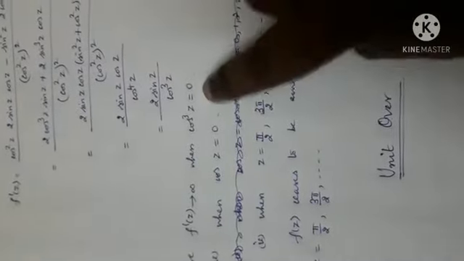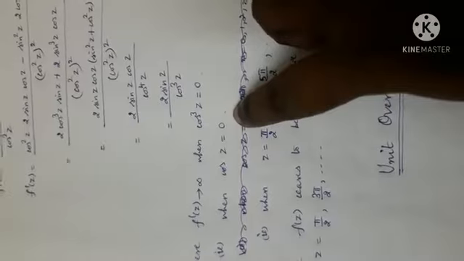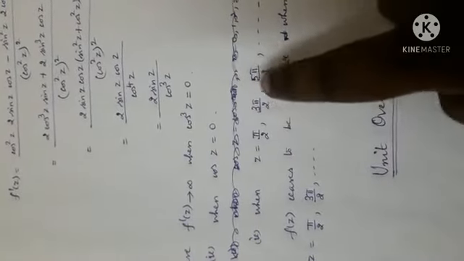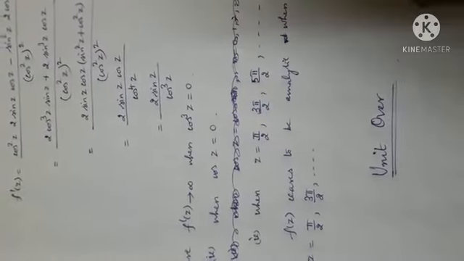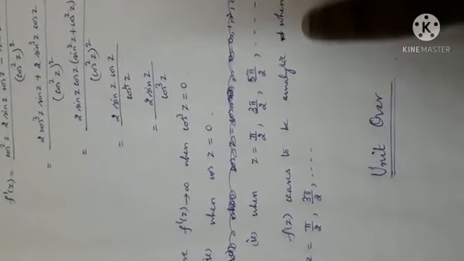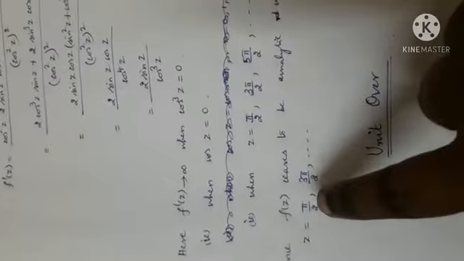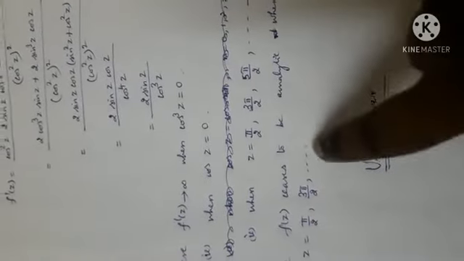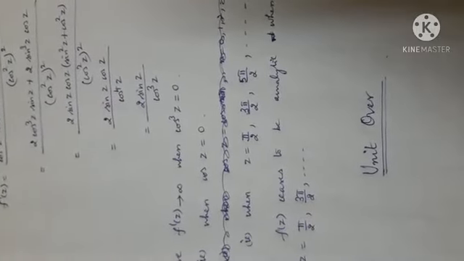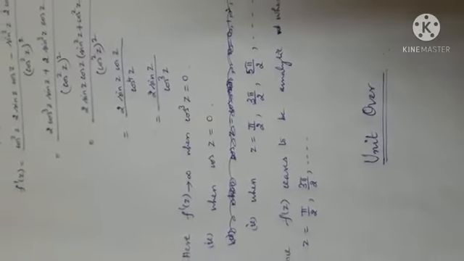That is cos cube Z, which is cos Z into cos Z into cos Z, equal to 0. That is cos Z is 0. We know cos pi by 2 is 0, cos 3 pi by 2 is 0, cos 5 pi by 2 is 0, etc. So the function ceases to be analytic when Z takes values pi by 2, 3 pi by 2, etc. For many values, the function is not analytic. Okay. The unit is over.